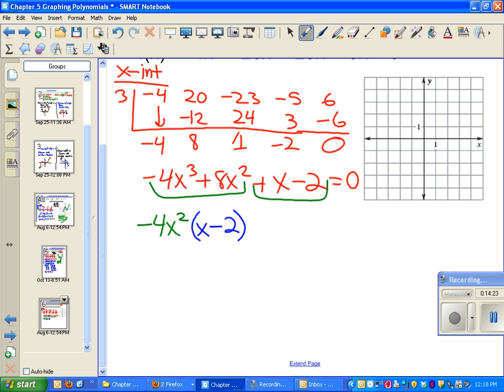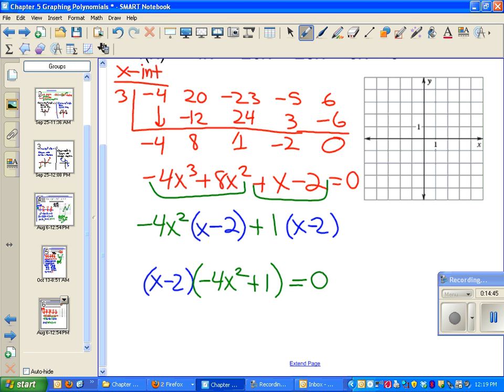And then I don't have anything to factor out, so like today in class, you factor out a 1, and then inside you will have x minus 2. So I'm going to factor out that x minus 2, and then the other parenthesis will contain the 2 outside numbers, negative 4x squared plus 1. Right, and that equals 0.